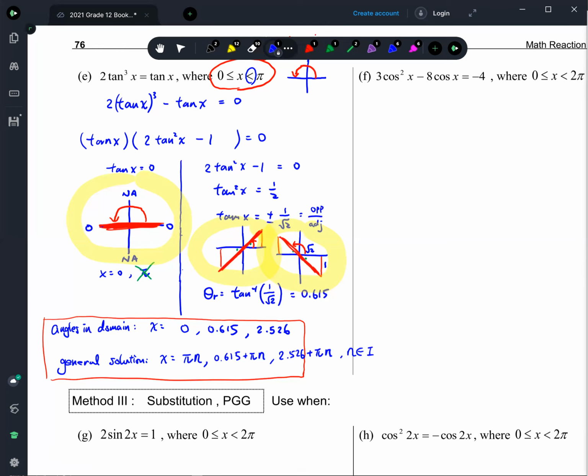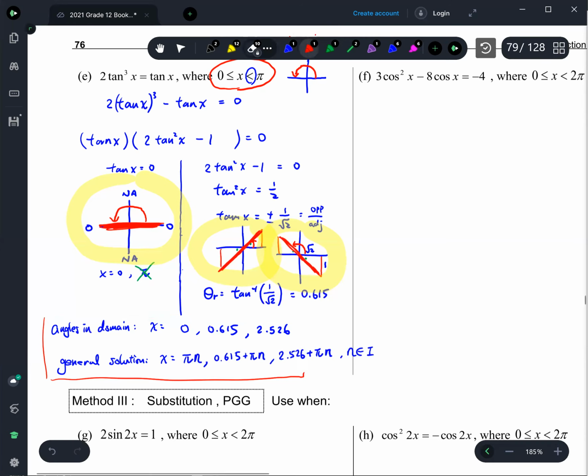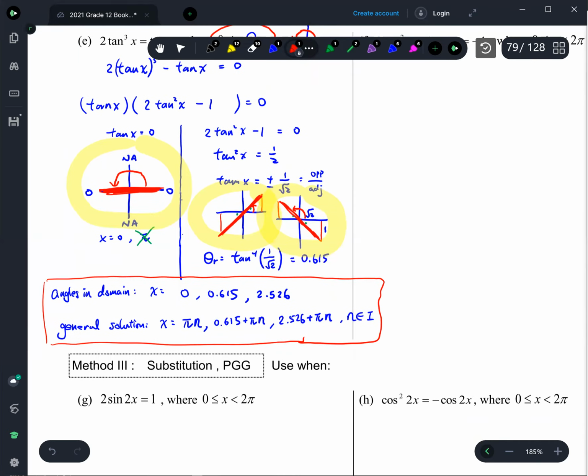All right, can you raise your hand if you got down everything here? You need to know how to write the general solution in order to do the bottom questions. Remember, for straight arms, if 2 lines make a straight line, you use pi n.